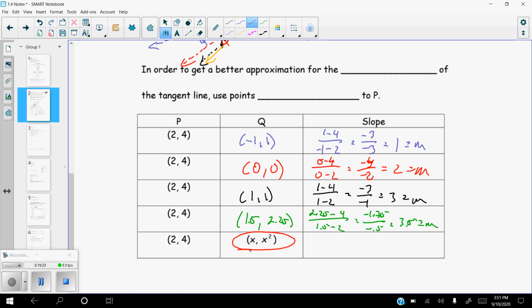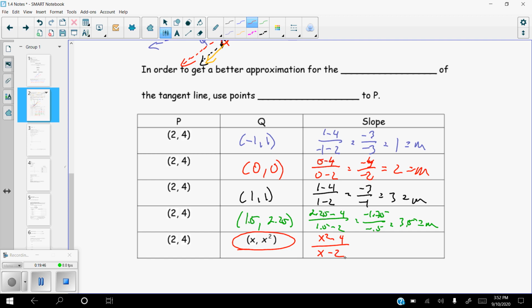It's saying that if I pick any X value, the Y value that I get out of it is going to be X squared. So any Y2 minus Y1 is going to, well, Y2 here is X squared. So that's X squared minus Y1, which is 4, over X2, which is X, minus the X value, which is 2.